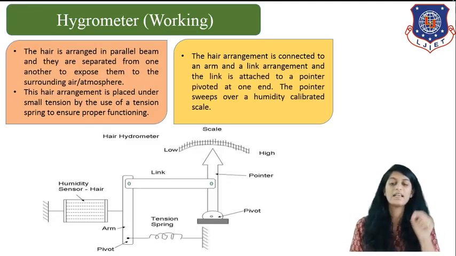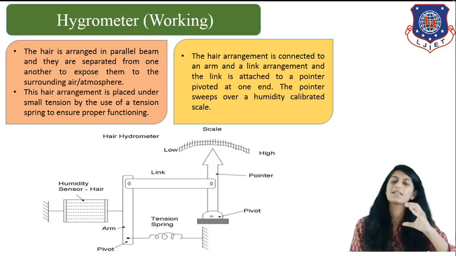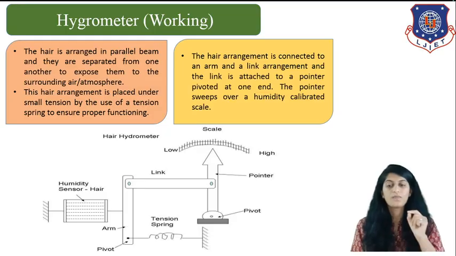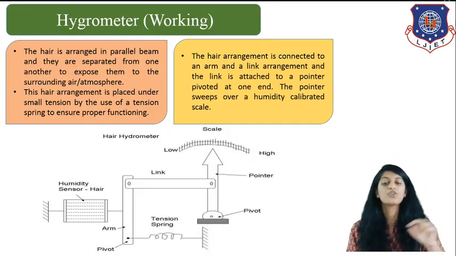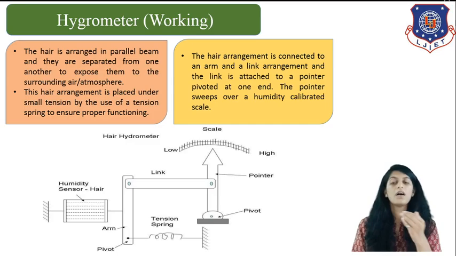Inside that there is a dotted line which is nothing but hairs, and those hairs are arranged in parallel inside the humidity sensor. This device is then attached to an arm which is linked to a pointer which will indicate the reading corresponding to the hair humidity sensor.